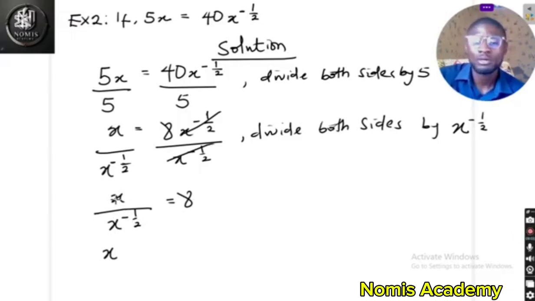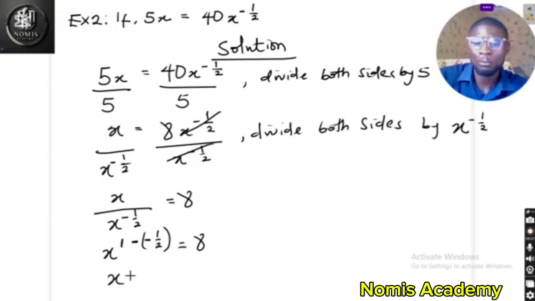Since I have the same base dividing each other, it can become 1 minus, and now I have minus 1 over 2 here, so I have another minus to write: 1 minus minus 1 over 2 equals 8.